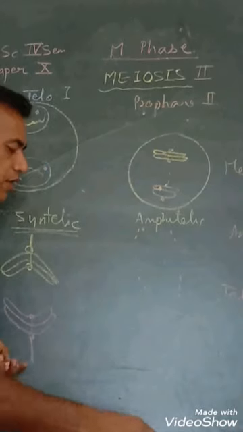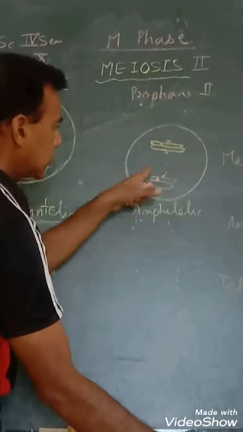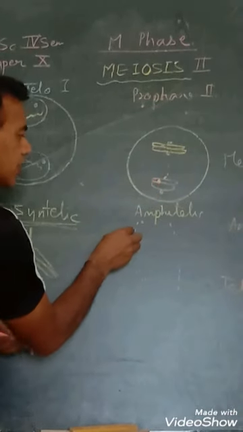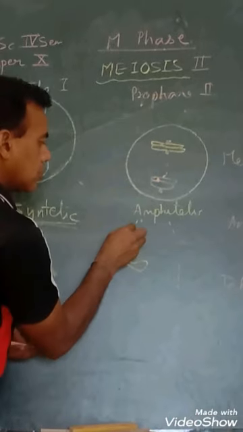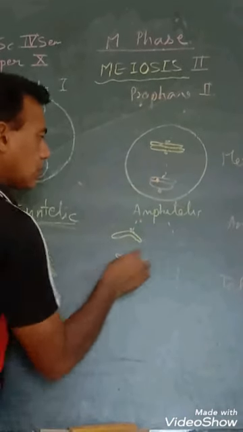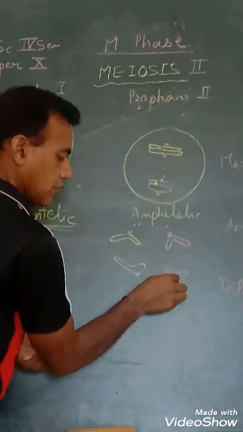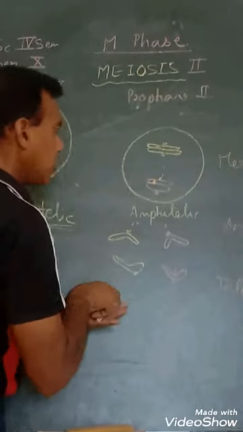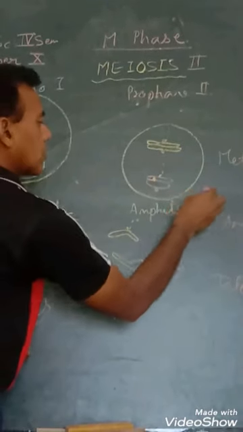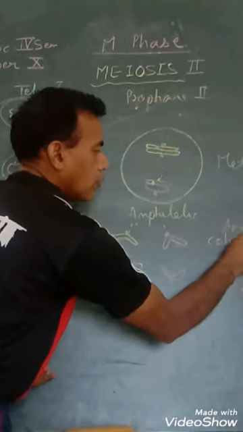These two sister chromatids start separating from each other. Now friends, these two sister chromatids are attached together by cohesin protein.